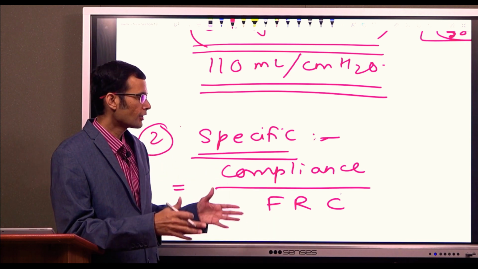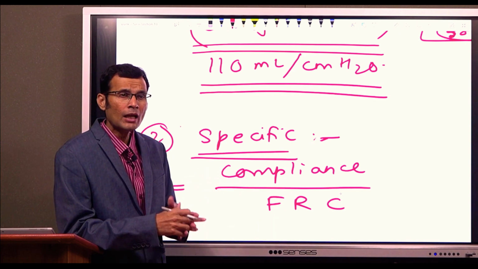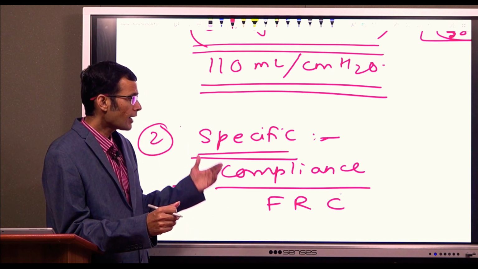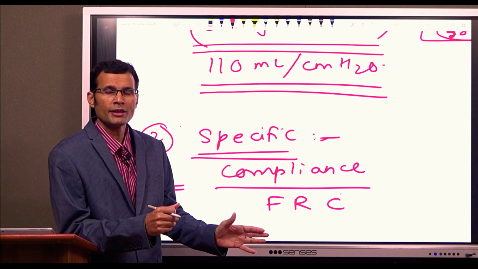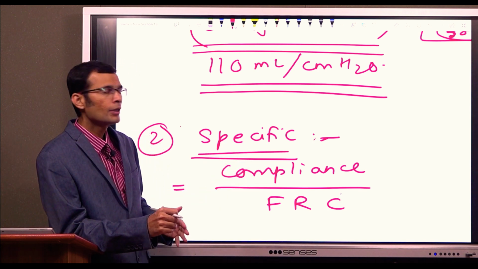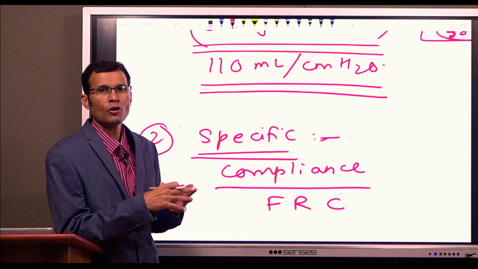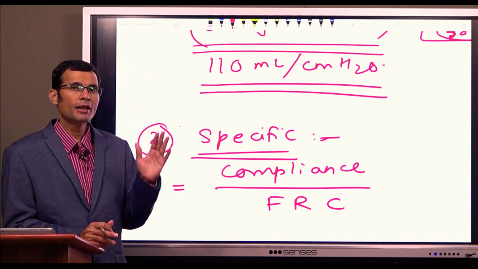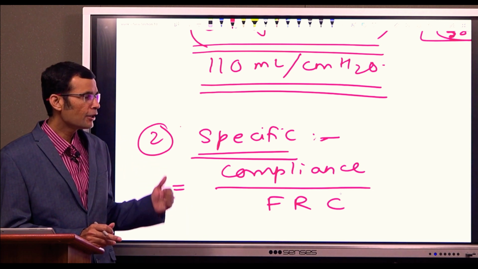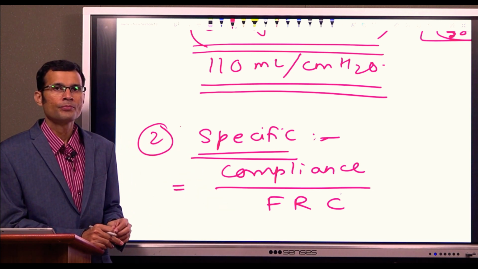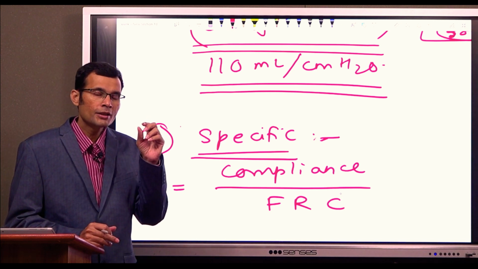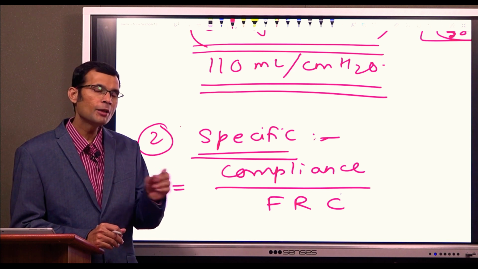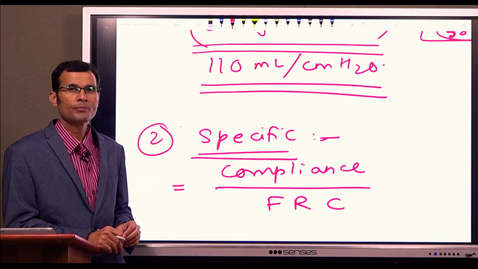It's called functional residual capacity, and we can say that when the lungs are at functional residual capacity, FRC, it is the equilibrium position of the respiratory system. At the end of quiet expiration, remember, the respiratory system is said to be in equilibrium position.